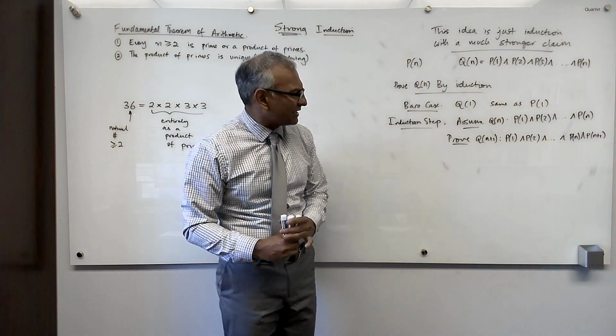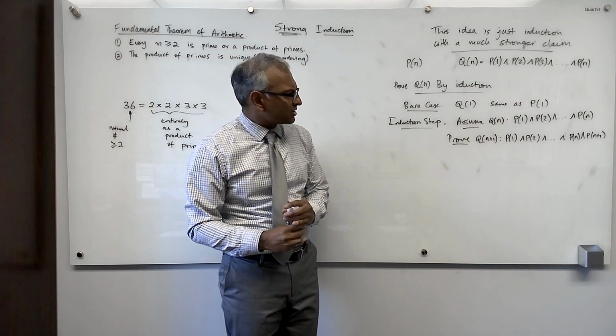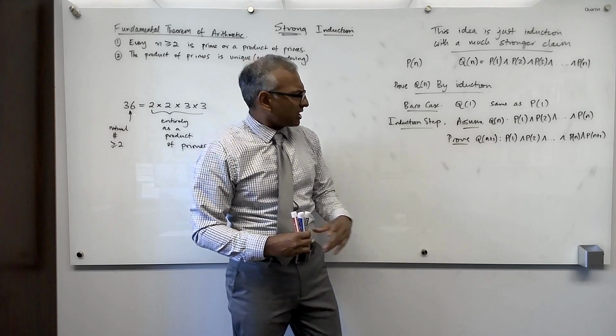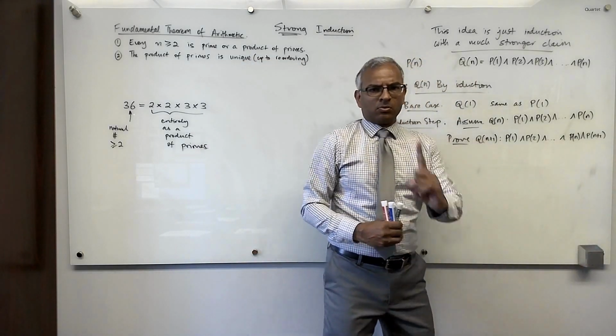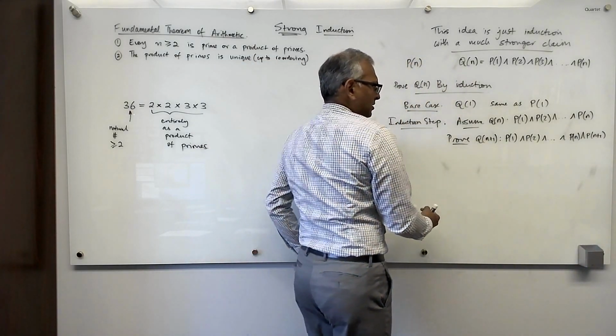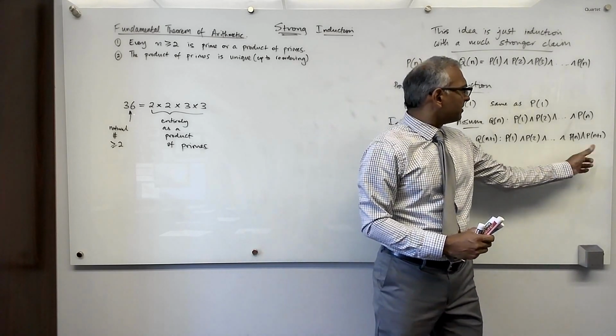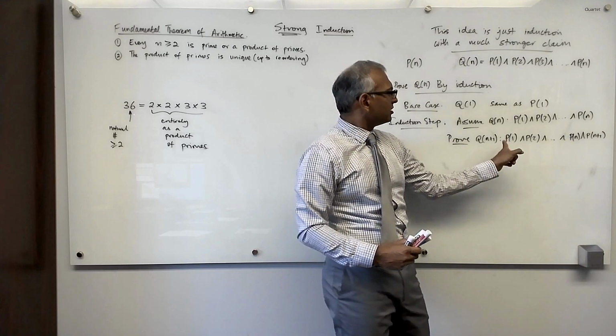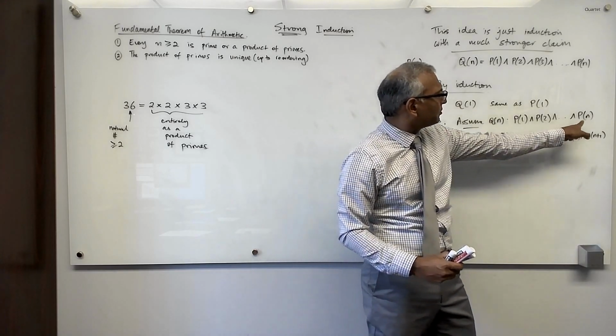Now it's not looking like induction anymore. Okay? Didn't you just say I have to prove only P of n plus 1? It looks like I have to prove all of this, but wait a minute. Yes, you do. You have to prove all of this, but this whole left part came for free. Because you assume that 1, 2 up to n are all true.